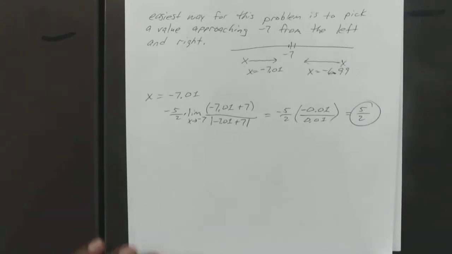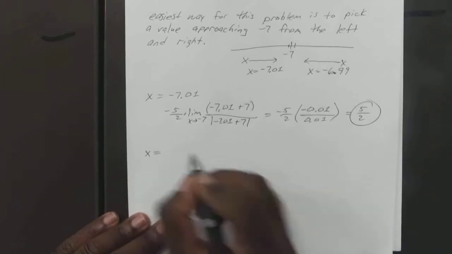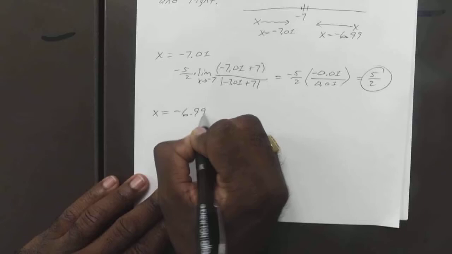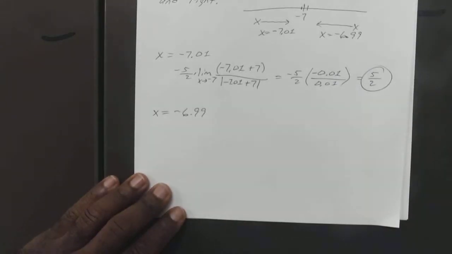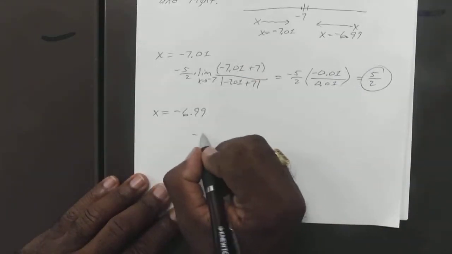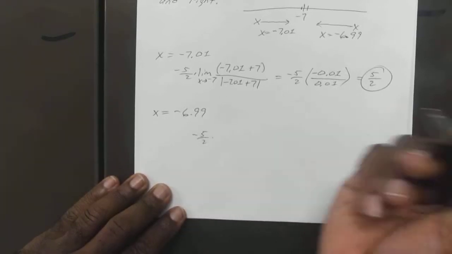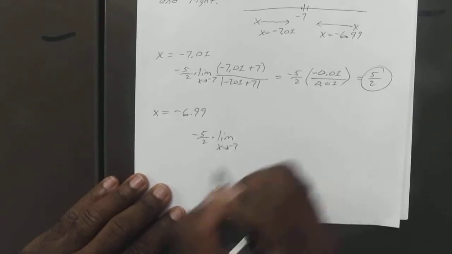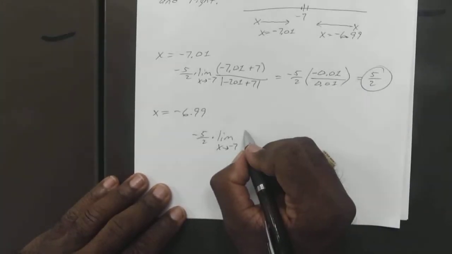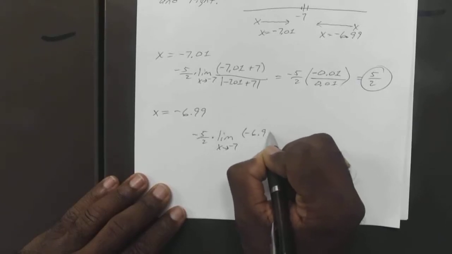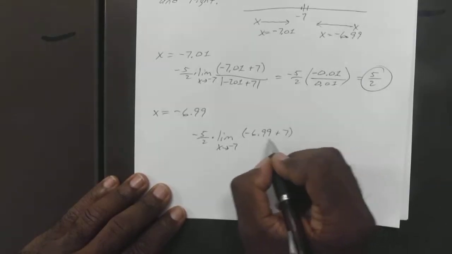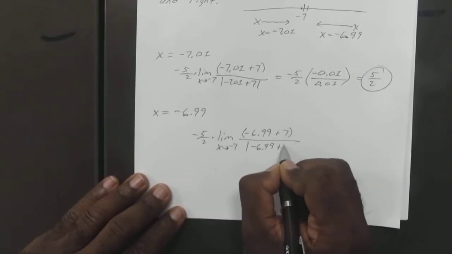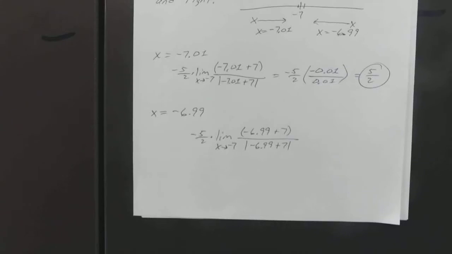Okay, so now we can try the other one. So if x equals negative 6.99, again, we have our negative 5 over 2 times, of course, if you want to leave the limit off, you could, but I'll put it in just as habit. So negative 6.99 plus 7 over the absolute value of negative 6.99 plus 7.